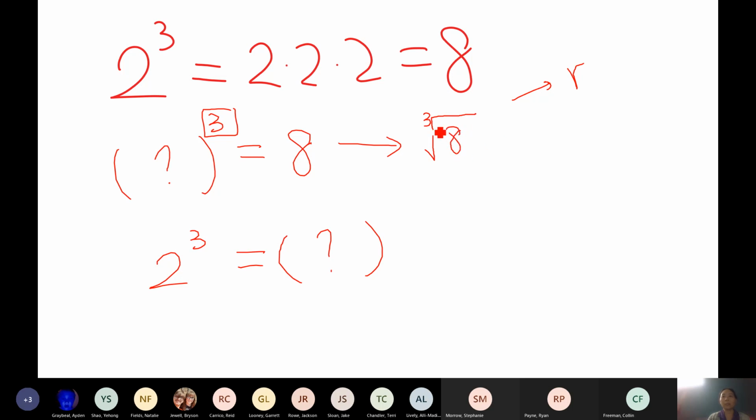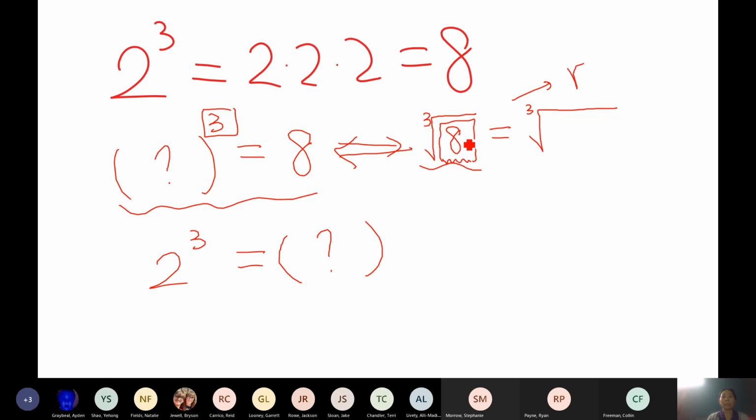So when you look at this cube root of 8, what does it ask for? It's the same question as this one right here. It's asking what number, when you multiply 3 copies of it, gives 8. The intuitive solution is to ask how I can write 8 as 3 copies of something.